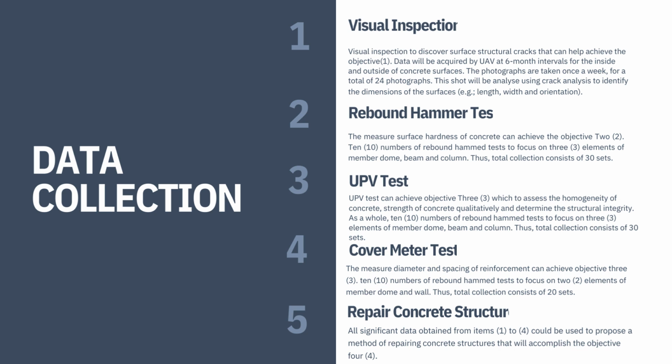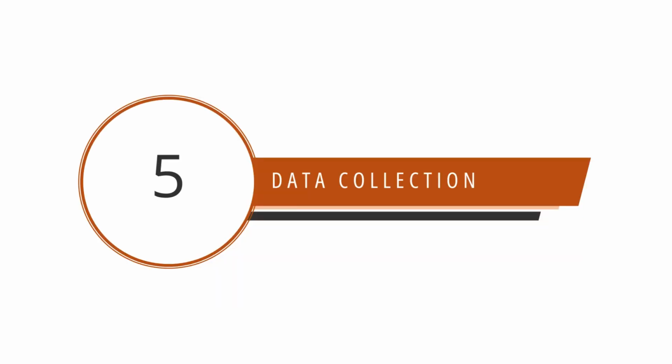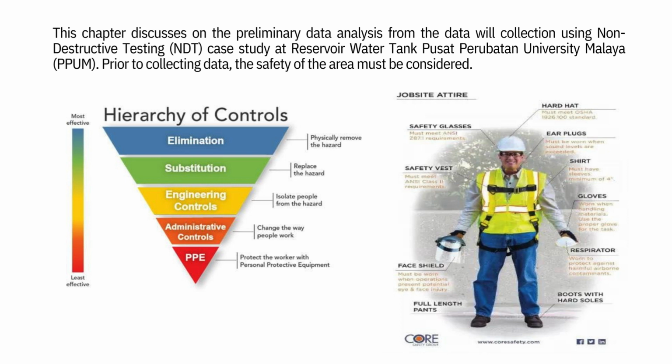Our data collection consists of visual inspection, rebound hammer, UPV, cover meter, and lastly repairing the concrete cover. For the data analysis, the method is analysis of fieldwork assessment by visual survey, rebound hammer, UPV, and cover meter tests.